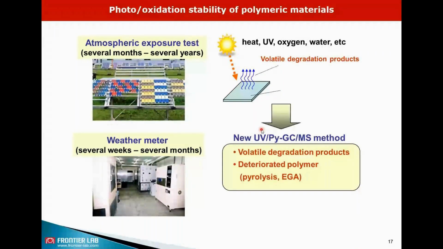One is when you expose the sample to the UV light or sunlight, then you try to analyze the volatiles that are being released, because the release of volatiles really defines the stability of the material. Also, it can also reduce the molecular weight of the polymer, so that one can analyze the sample after a certain period of light exposure.